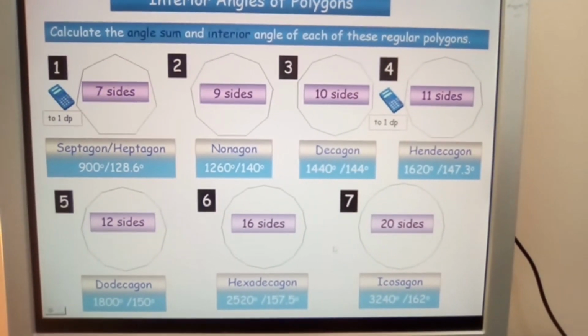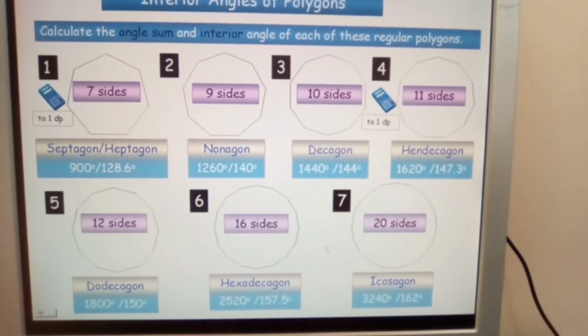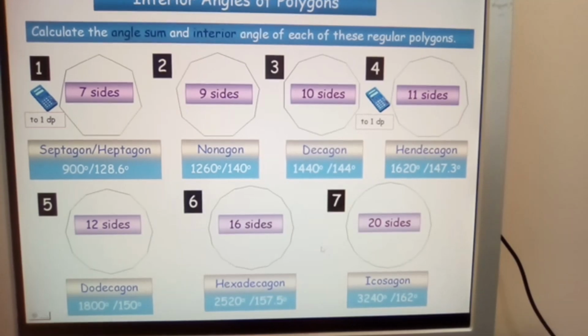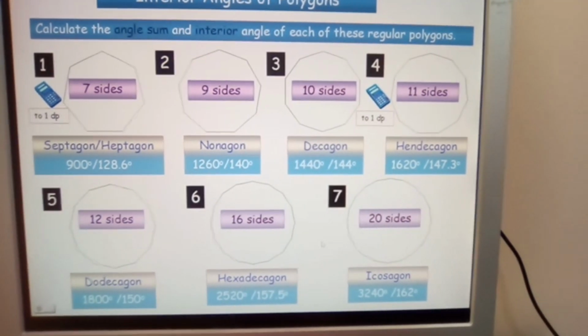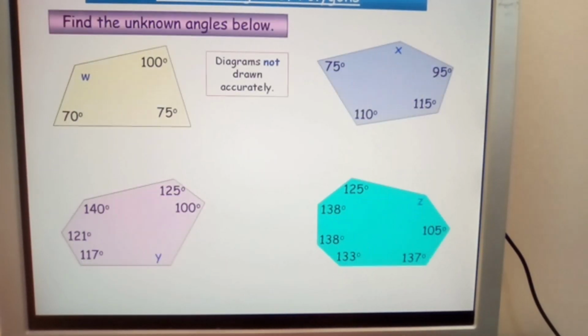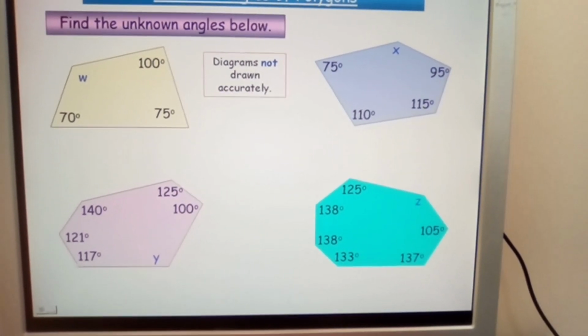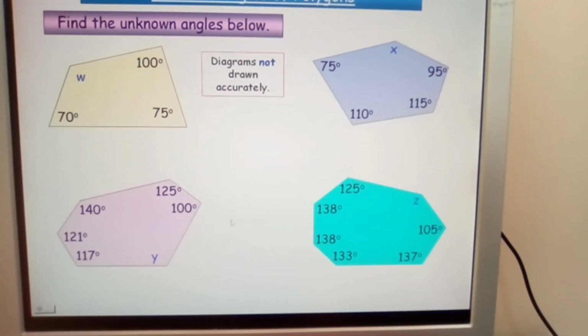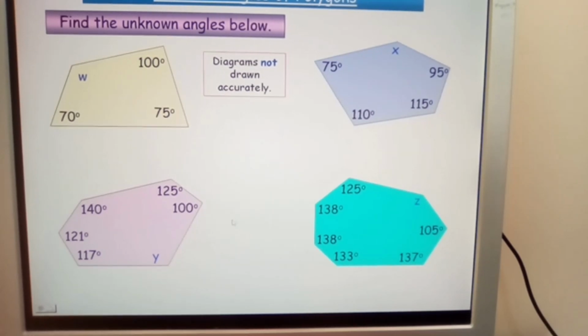Now calculate the angle sum and interior angle of each of these regular polygons. Let me see if there's anything else I need to be getting into view. Interior angles of polygons. Find the unknown angles below.